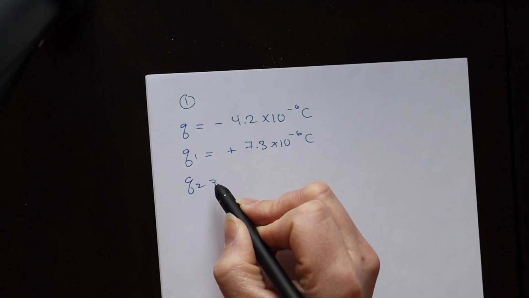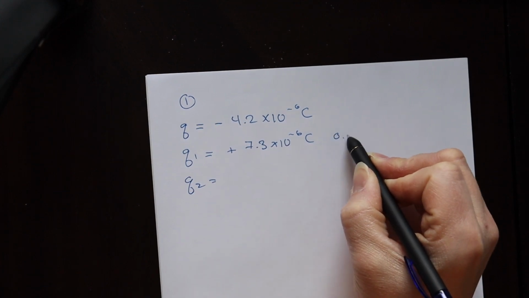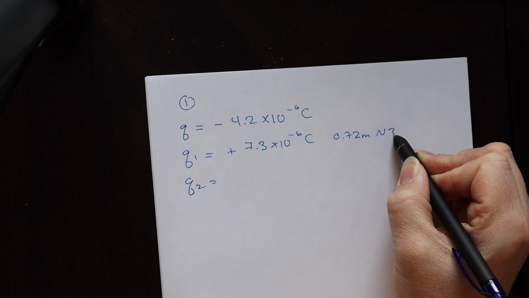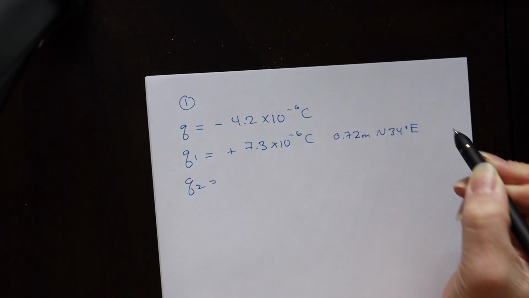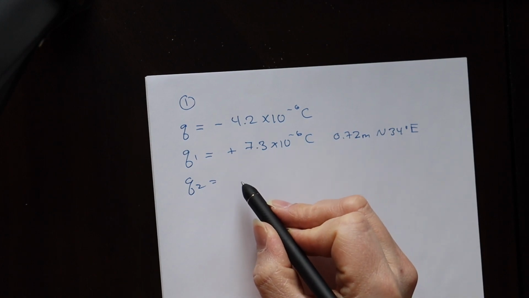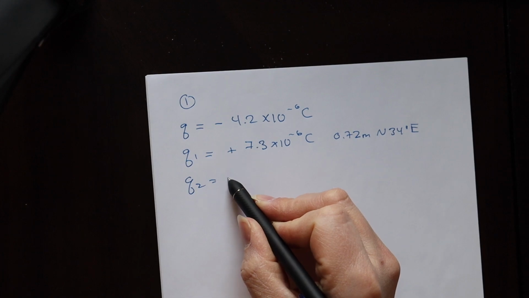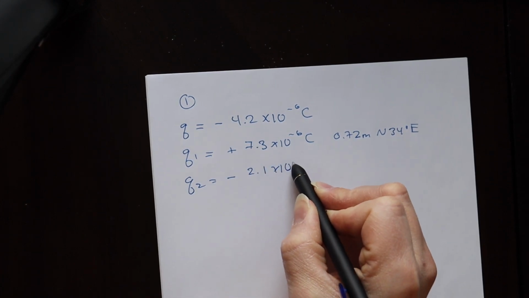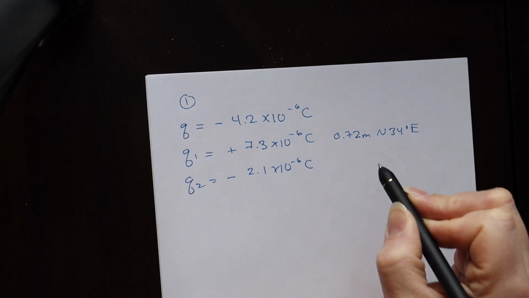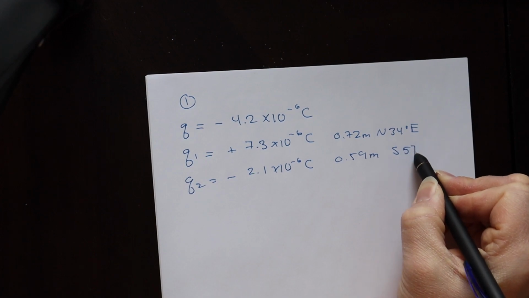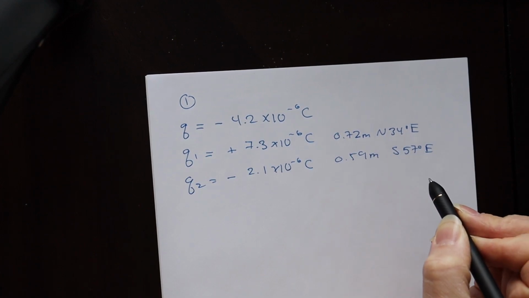Q1 is 0.72 meters north, 34 degrees towards the east. You don't really have to rewrite all of this, but I'm just going to get my information down before I do a sketch. Q2 is negative, and it's 2.1 times 10 to the negative 6 coulombs, 0.59 meters south, 57 degrees towards the east.